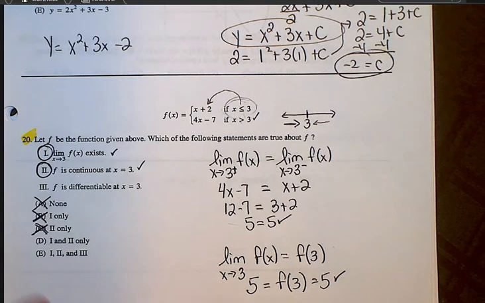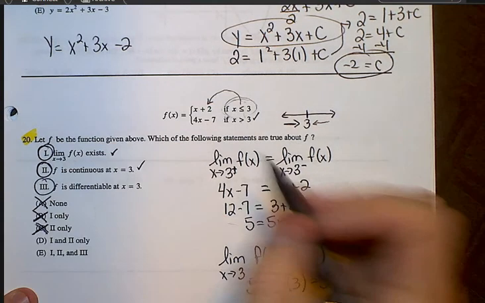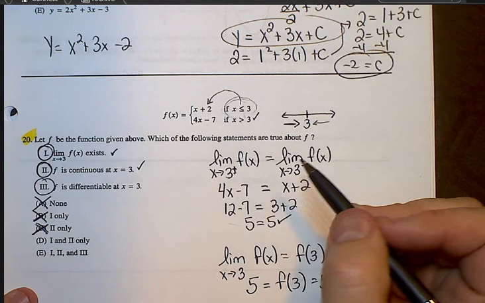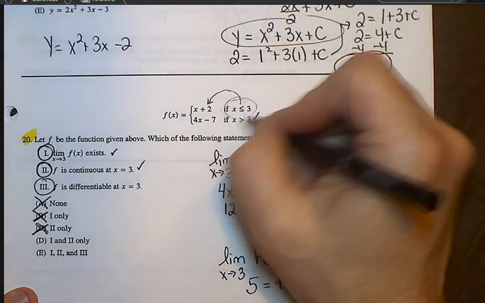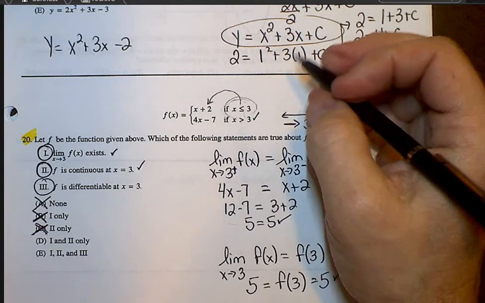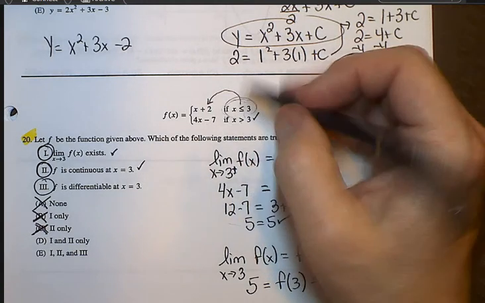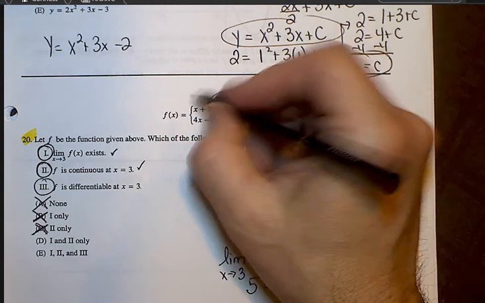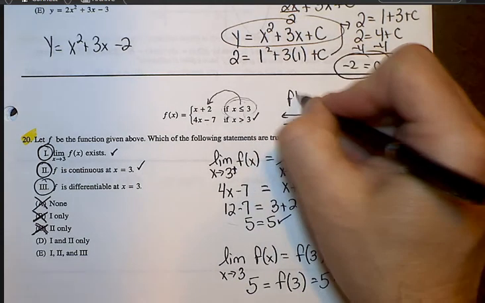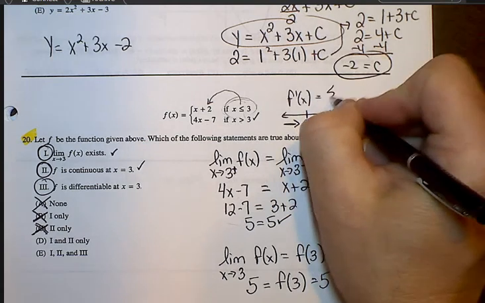Finally, 3, differentiable. That means when I take the derivative of f, I'm going to get the same number when I plug 3 in, or basically as you're approaching 3. So I should wind up getting the same thing here. So when I take a look at f prime, the derivative of the first function is going to be 1.